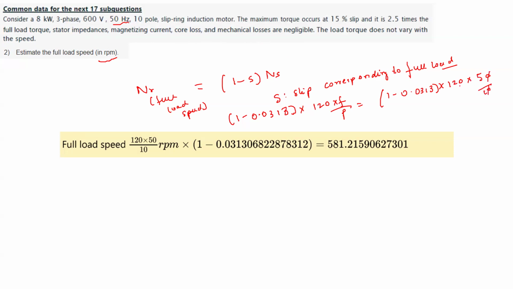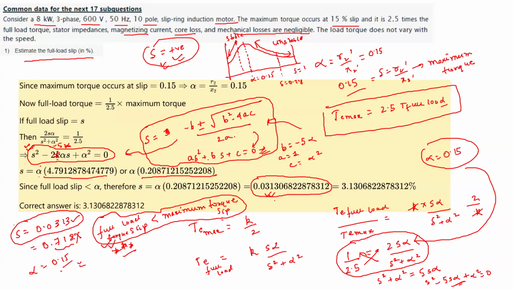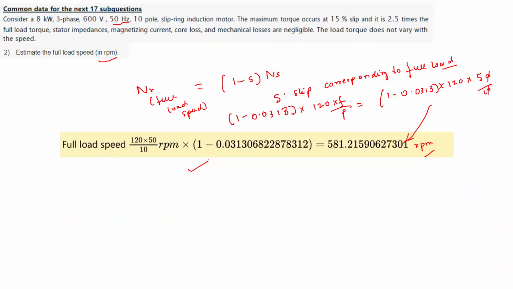So you will be getting this as 600. Basically 600 RPM is the NS. So if you do this, you will get this answer in RPM. Okay, so this was a simple question. You just have to solve the previous question properly and then use the previous question's slip in this question to get the full load speed.